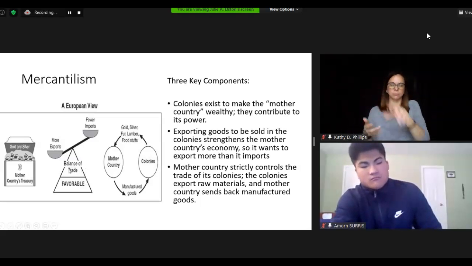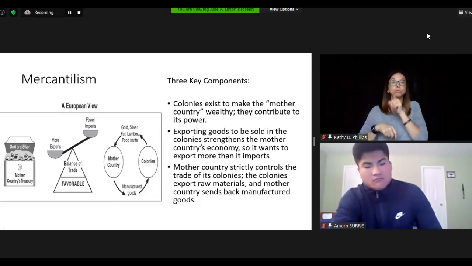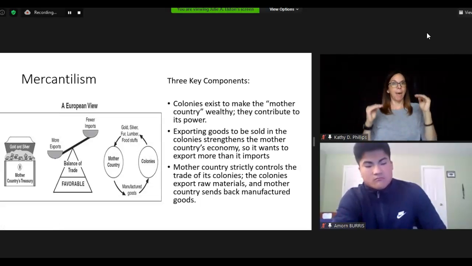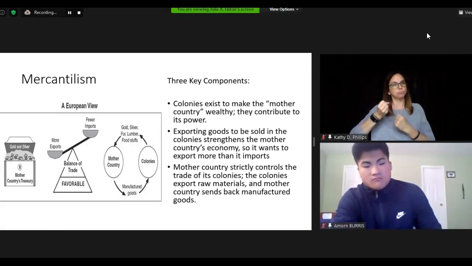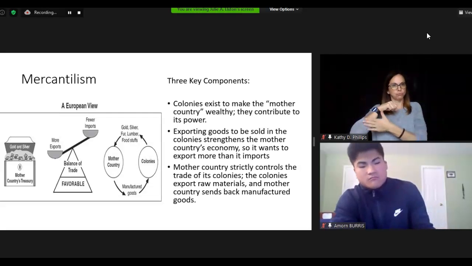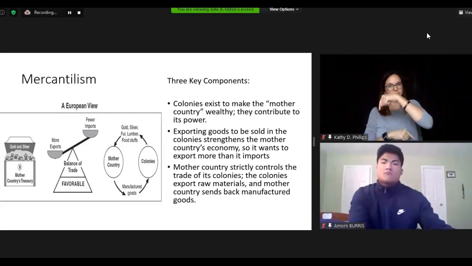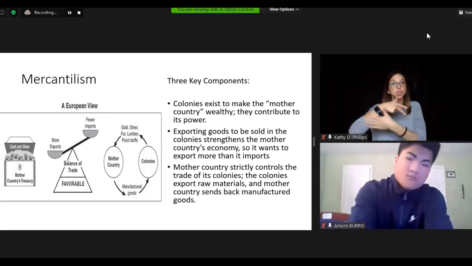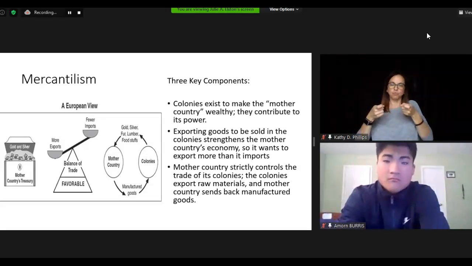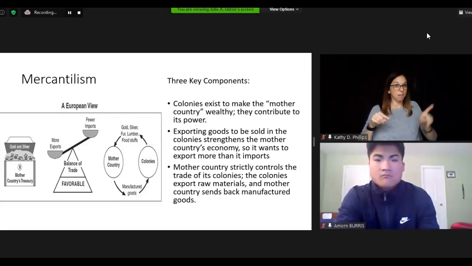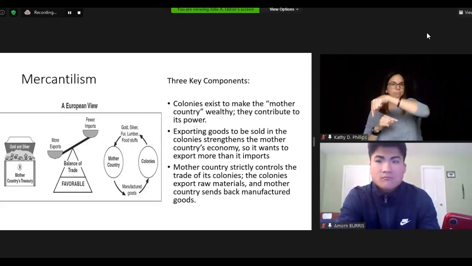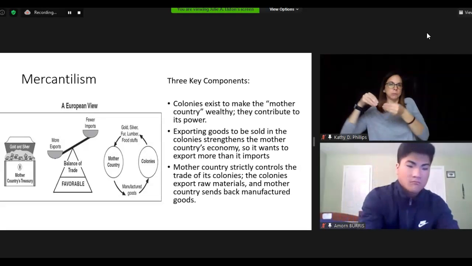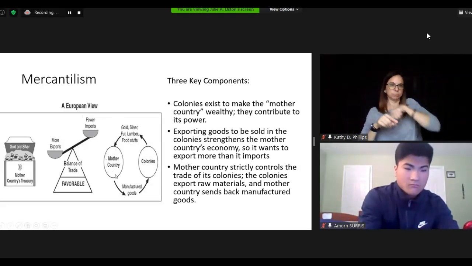Second one is to make sure that the balance of trade is favorable, meaning we're exporting more than we have to bring in. And third, that the mother country strictly controls the trade and that it's getting back all of the raw materials from the colonies, and the mother country can sell back manufactured goods. So we see this circle of trade.